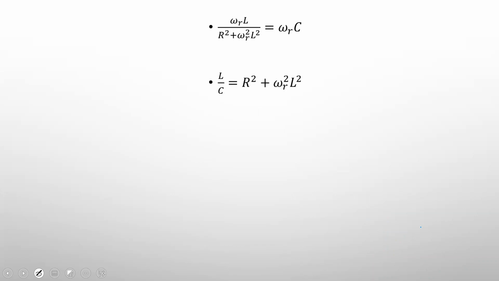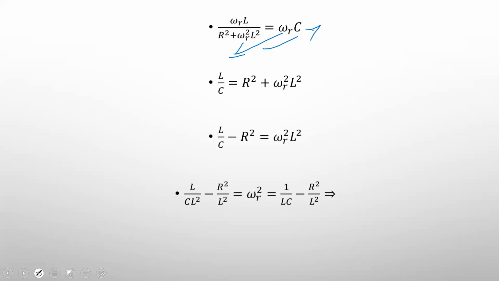We multiply throughout. We simply bring this up and bring that down. So we get L over C is equal to R squared plus omega R squared L squared. Remember, the objective is to get an expression for F.